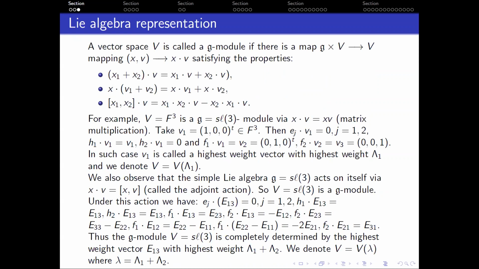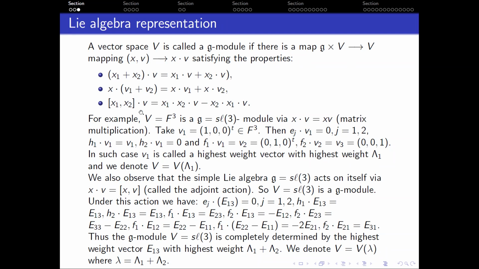Now let's talk about representation. That will be critical for us. A vector space is a G module if there is a map from G cross V to V satisfying these three relations. Oh, sorry, I have an extra bracket here; it should not be there. But anyway, the first two relations show the linearity in the X and V coordinates.